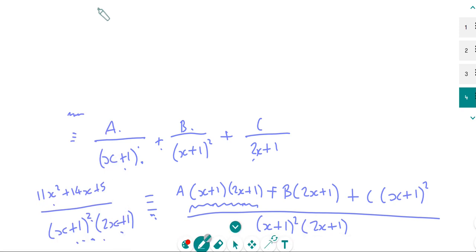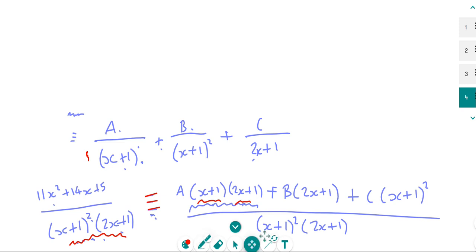Well, this is just my starting question on the left hand side, and again I've said that this is always going to be identical to, and what did I do with these numbers over here? Well, I had a over x plus 1, so how could I get it to have the same denominator? Well, I'd have to multiply it by another x plus 1 and also a 2x plus 1 if I want it again to have the same denominator.